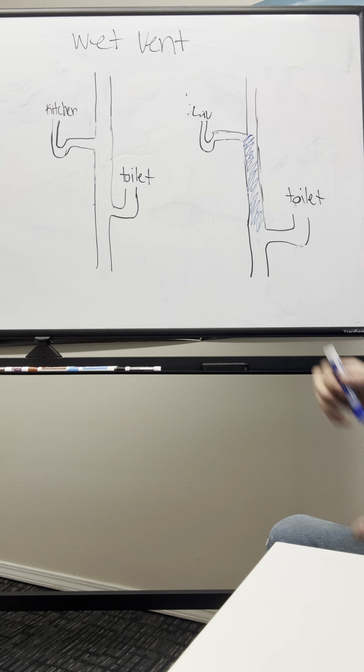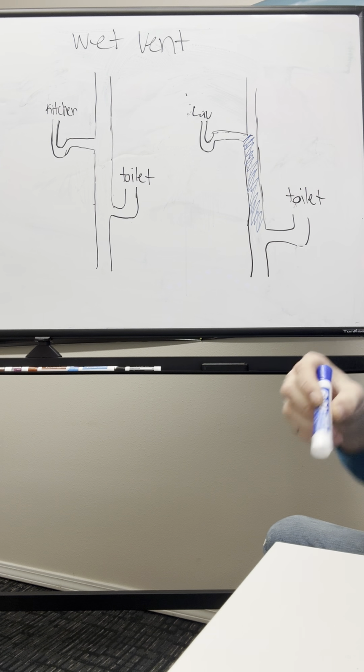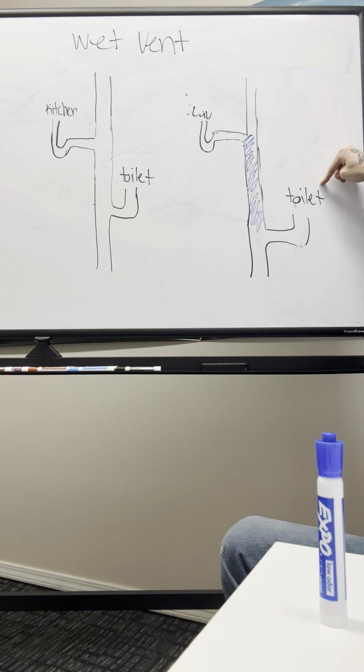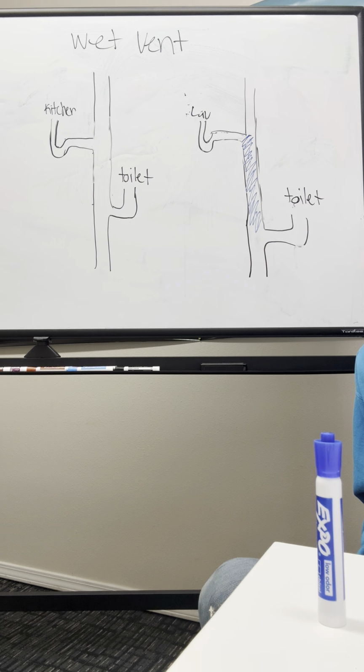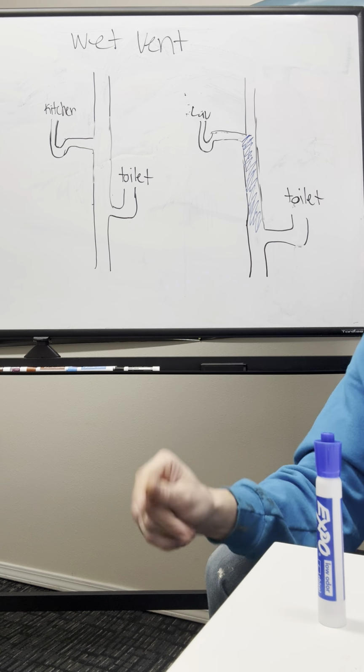So in order to do something like this and to pass inspection to be up to code, we have to think about a couple things here. We need to think about what's the minimum size vent for a toilet. In the UPC code book here in Washington State, our minimum size vent for a toilet is 2 inches.